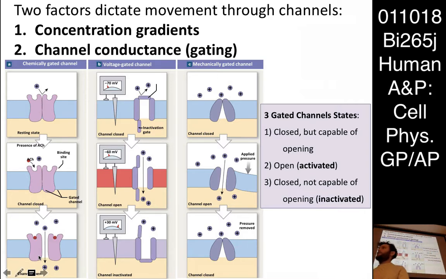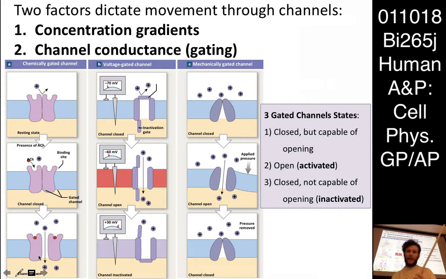There's a high gradient, and eventually some of those people in the hall would just come in here and equilibrate. Nature abhors a vacuum. But specific gating is also going to dictate what's able to pass through a channel or a carrier.